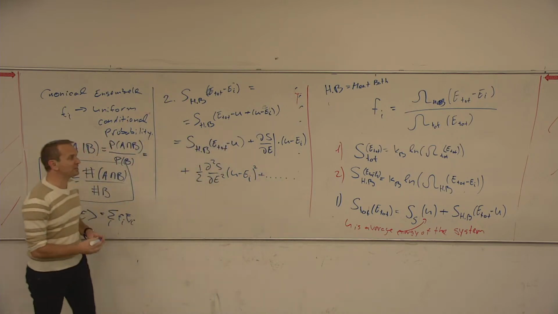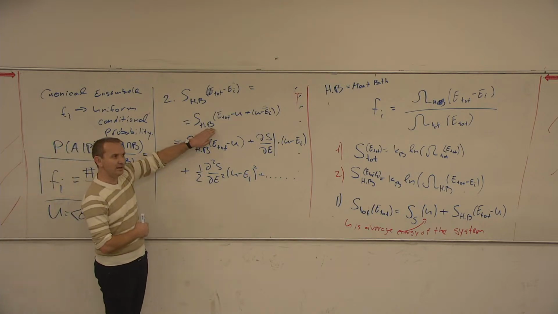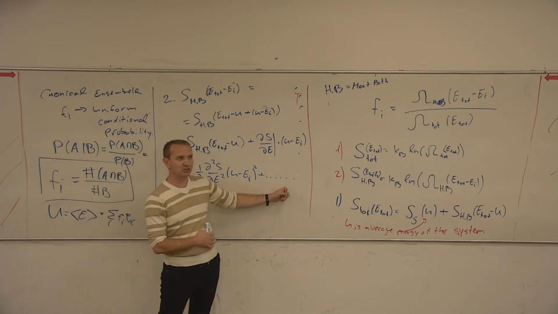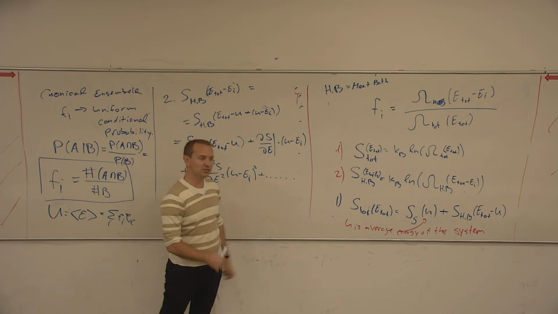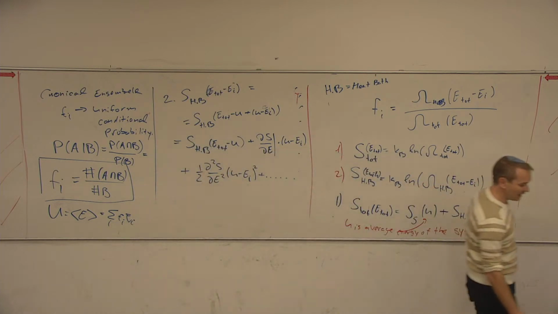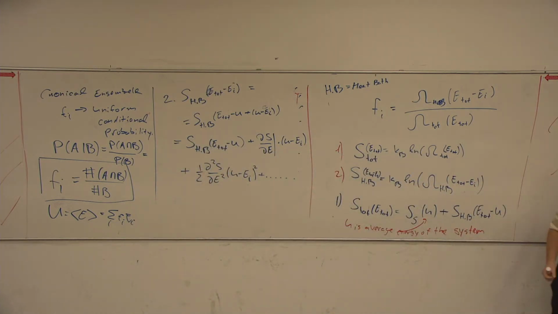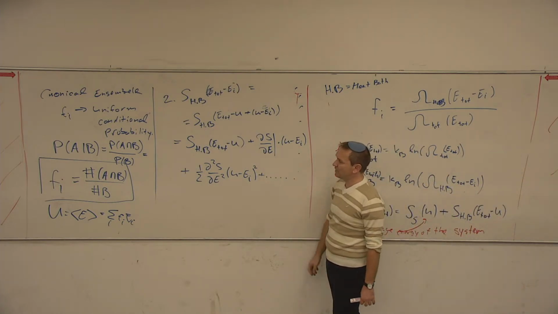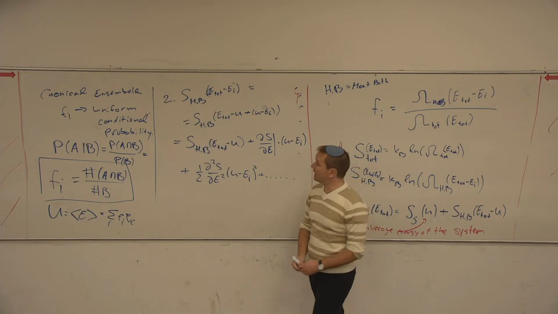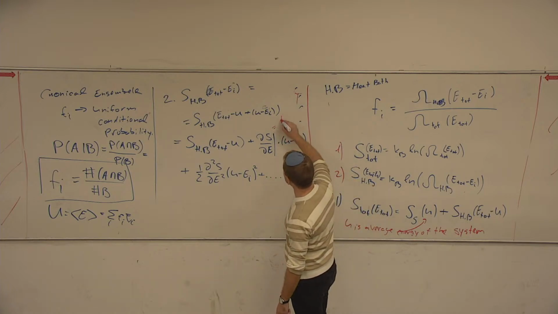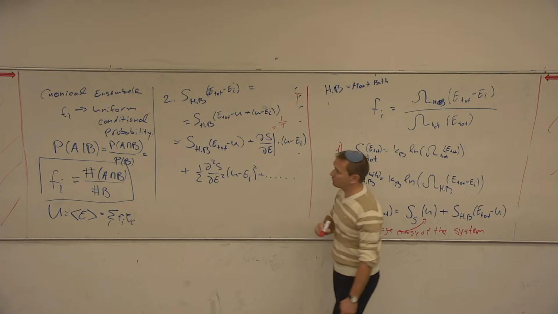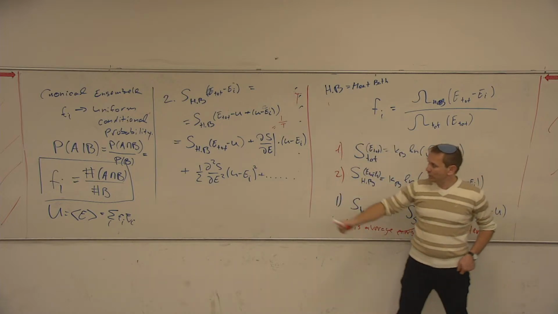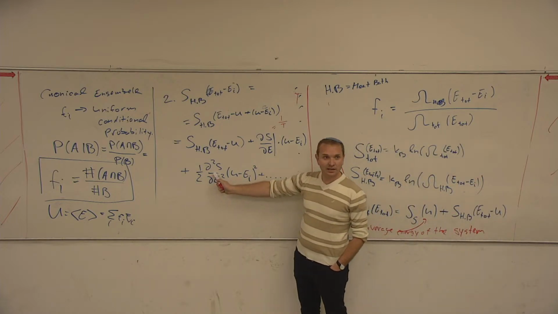So in order to represent this correctly, I need to take the full Taylor expansion, and it's actually hard, but here I do a trick. What is the trick? What is dS over dE? My temperature, right? 1 over temperature. So here I have 1 over temperature. What is this guy?